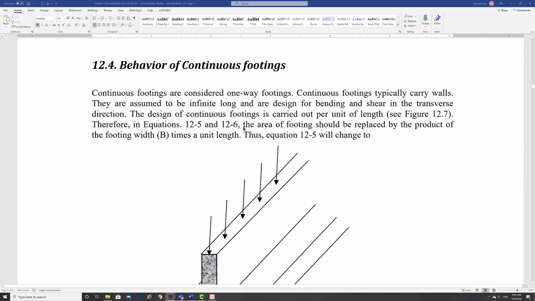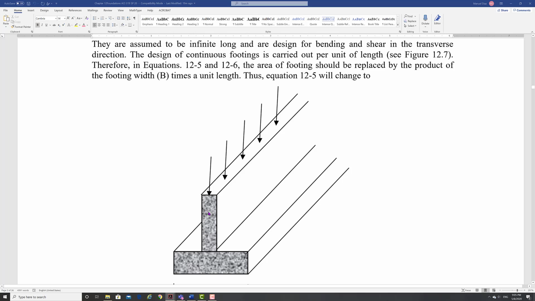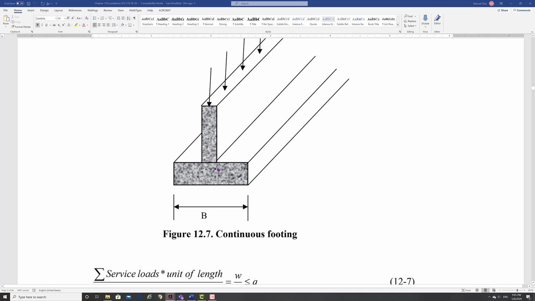Let's start with the continuous footing, which is your strip footing. It's a wall. This is the easiest one, because what you're going to do really is design this portion here of the footing simply as a cantilever. So you have rebars going here at the bottom.